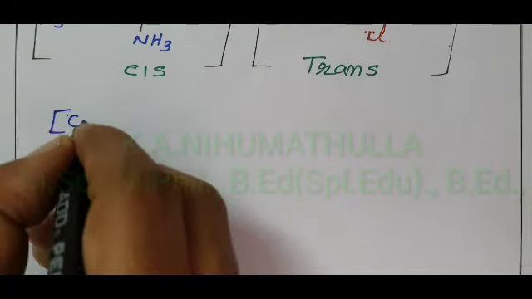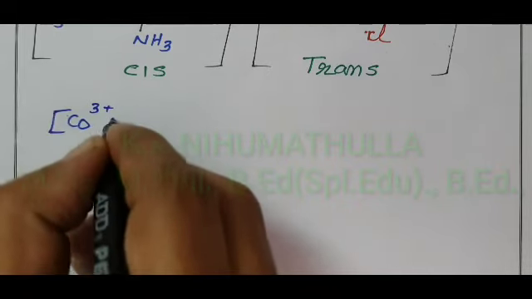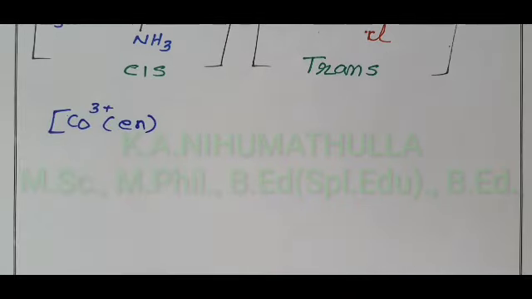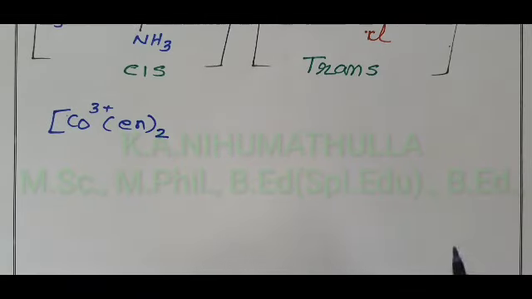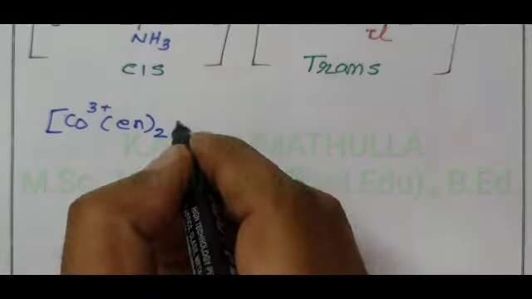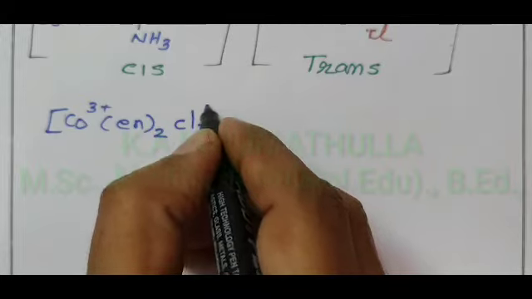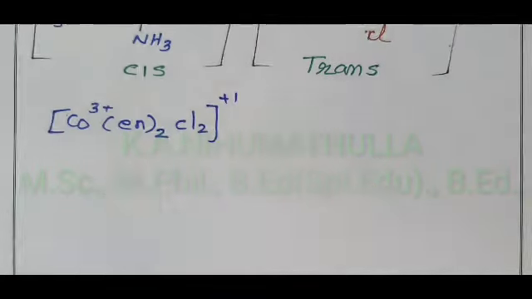Cobalt central metal ion, bidentate ligand en, ethane-1,2-diamine, 2 ethylenediamine, 4 positions are over, and another 2 similar ligands Cl. Charge on the complex is plus 1.